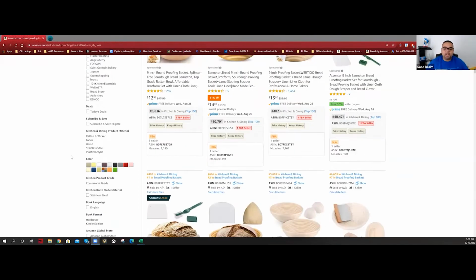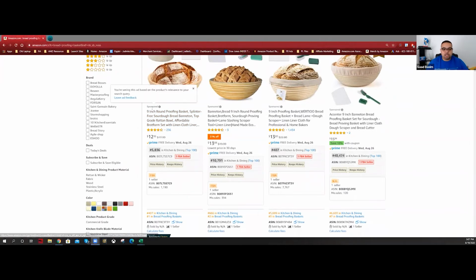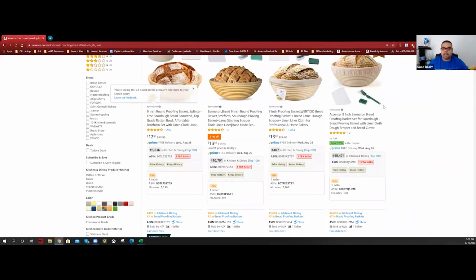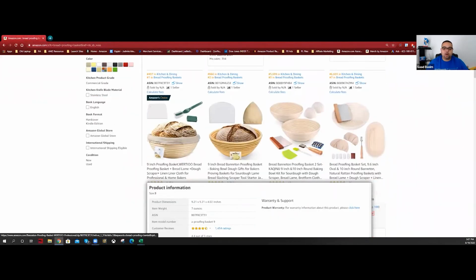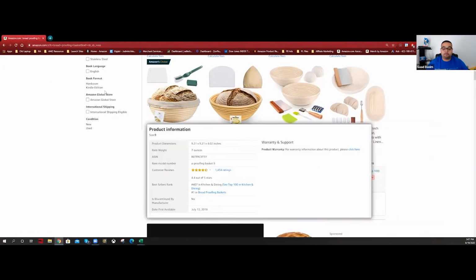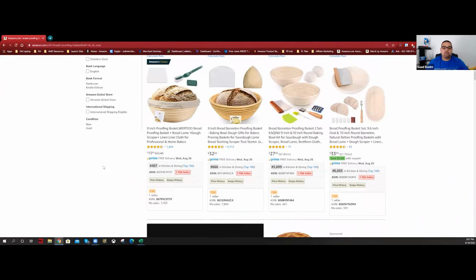Now, each competitor, not including the sponsored ads here, the ones we see in the top positions, 1, 2, 3, 4, whatever, they are ranked for keywords differently. They're ranked in different positions for each keyword.